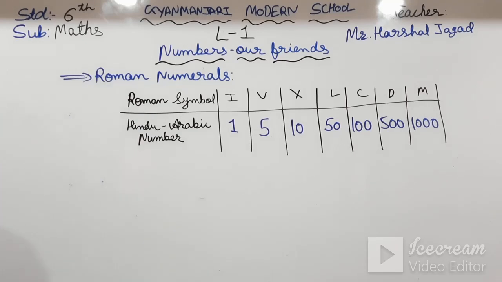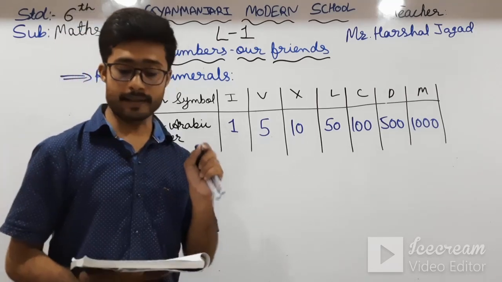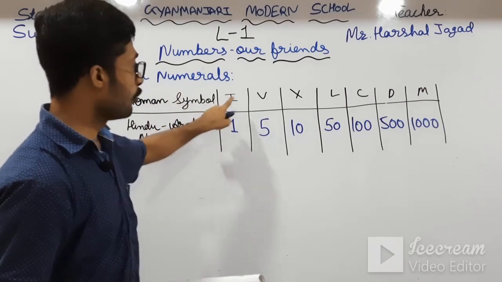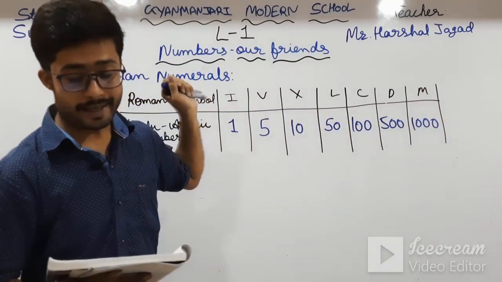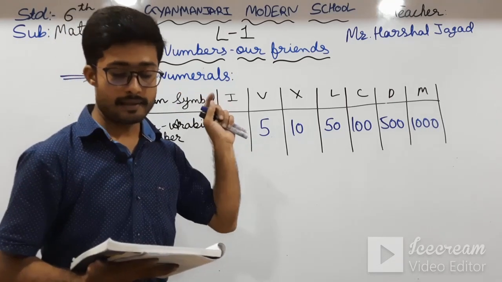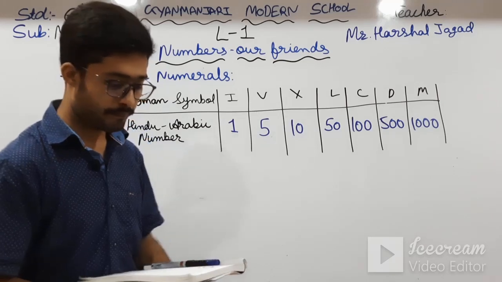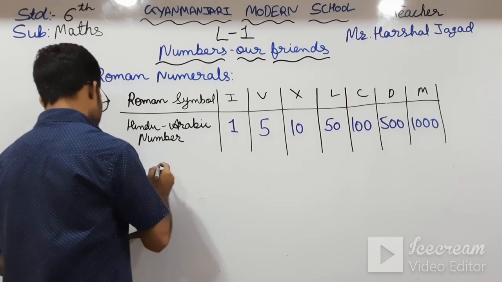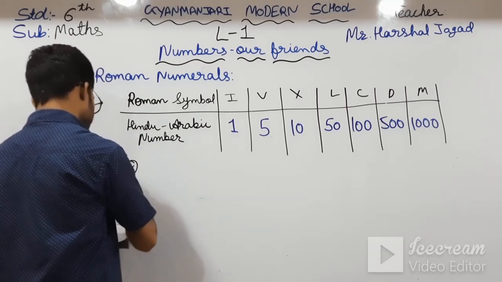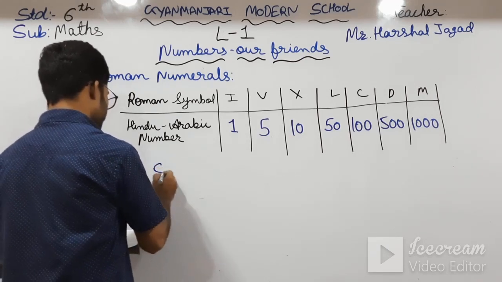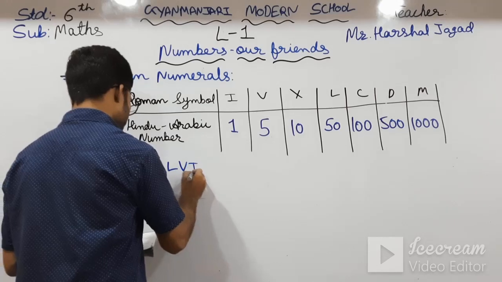Now rule number 7. See here, if the value of the symbol from left to right decreases or remains the same, we add the values of the symbols. For example, here, CLVI.